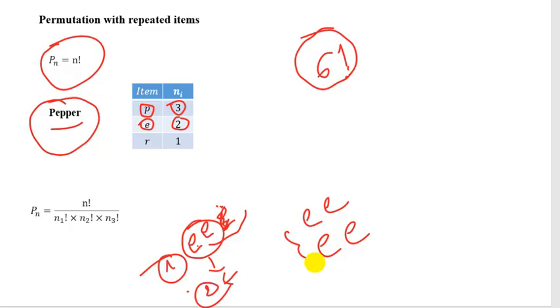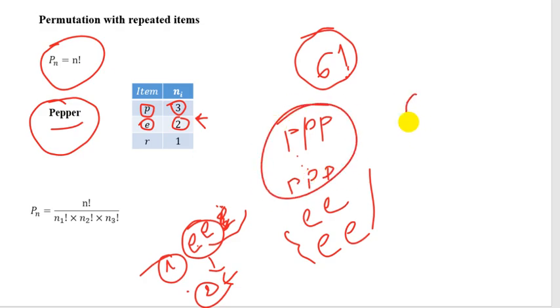So I need to divide by the number of permutations of E, which is how many times it is repeated, our r, so 2 factorial. Same thing for P. P can be arranged in 6 different ways that are all the same, so we need to divide by 6. What is this 6?